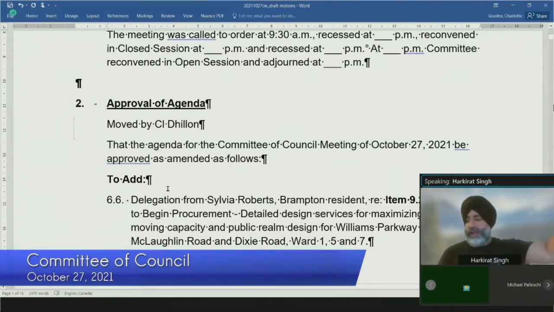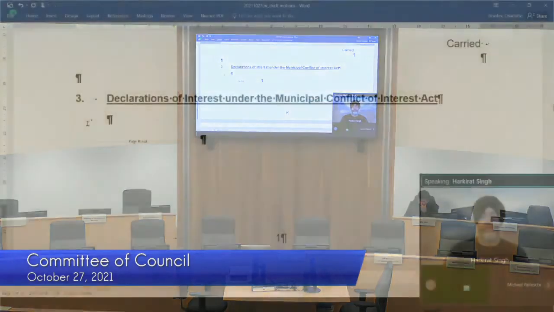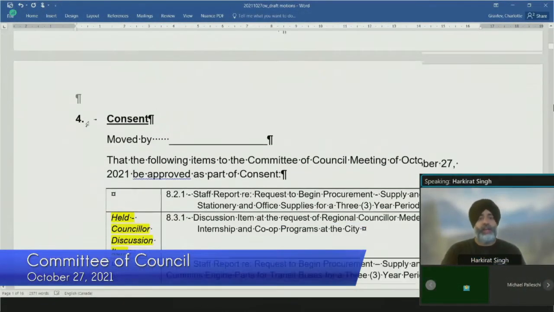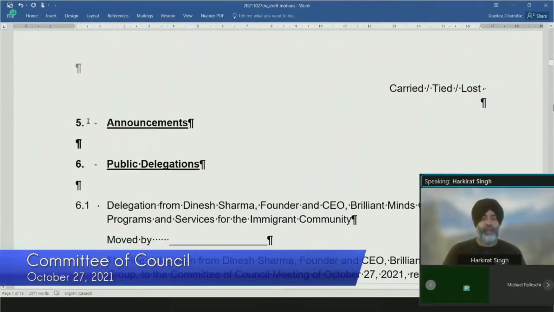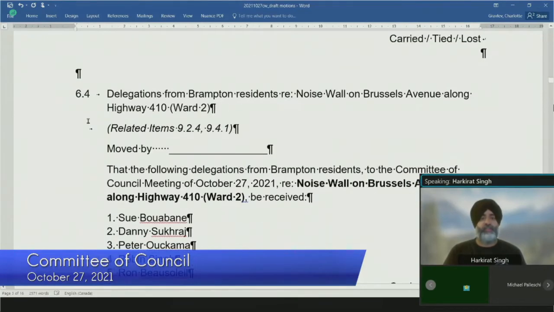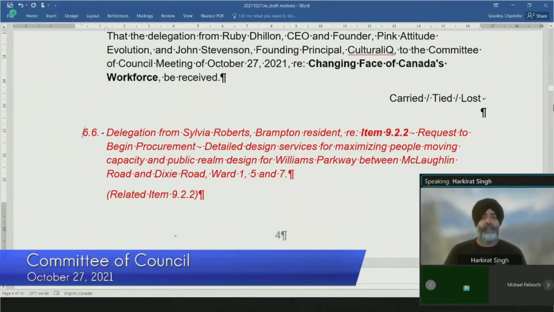Next up, we have the consent agenda. Mr. Chair, we have to do declarations of interest, item 3. Sorry, do any members have any declarations of interest under the Municipal Conflict of Interest Act? Okay, seeing and hearing none, I'll carry on to the consent agenda. Committee, as part of our consent motion process, I will read each agenda item that is subject to the consent motion, and any member may verbally identify the item to be held for debate during the meeting.